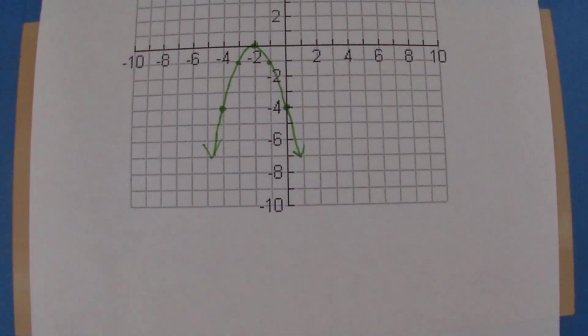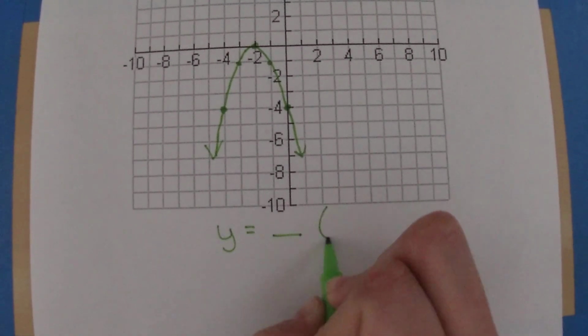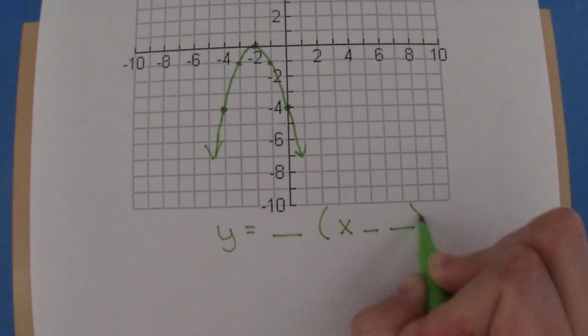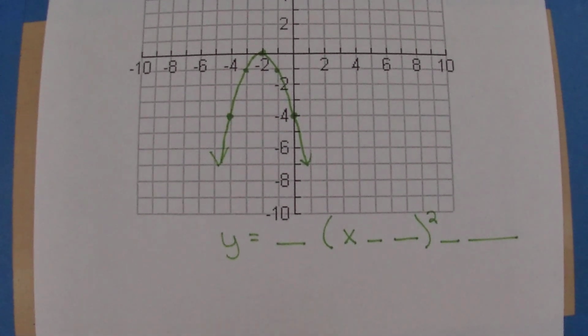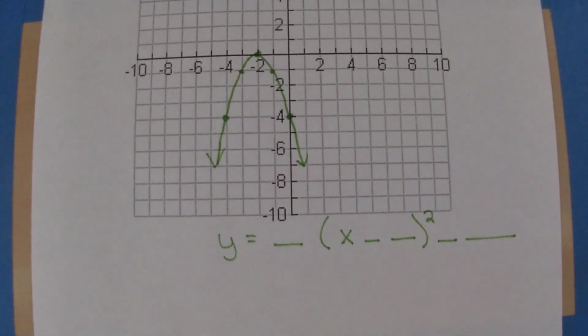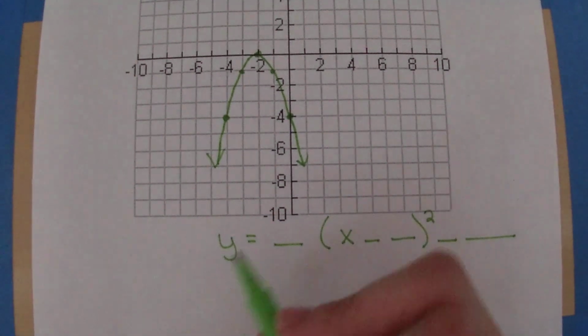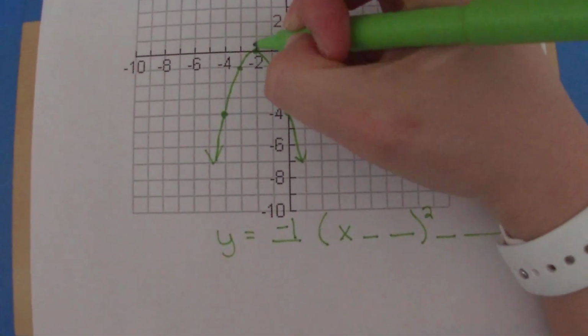Last graph. Again, no tricks up my sleeve, same thing. Our parabola opens down, so our a value is always that: if it's opening up, it's a +1, and if it's opening down, it is a -1. I'm going to name my vertex.